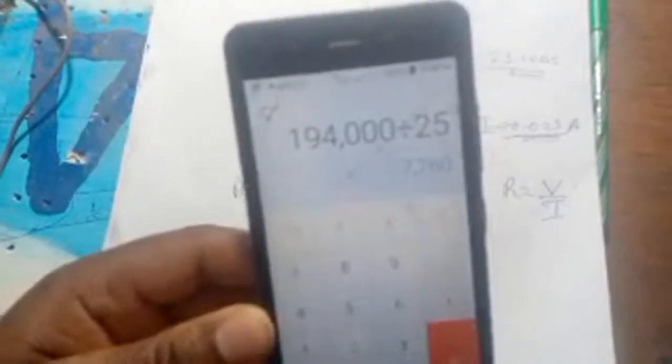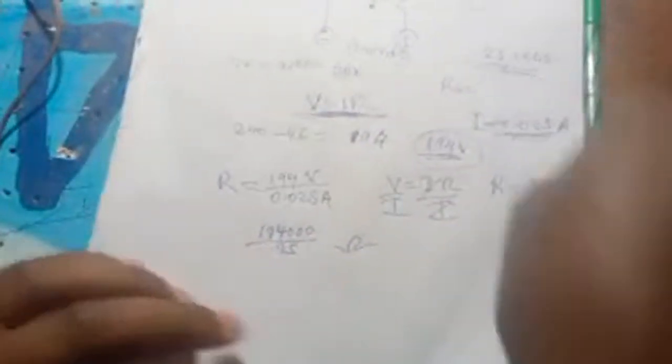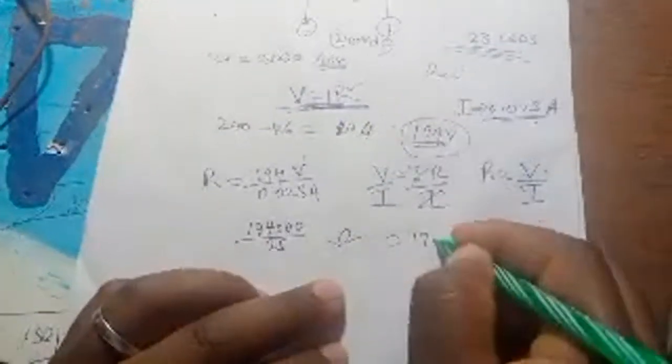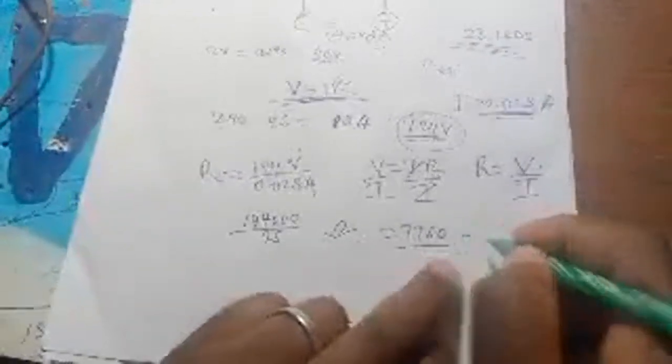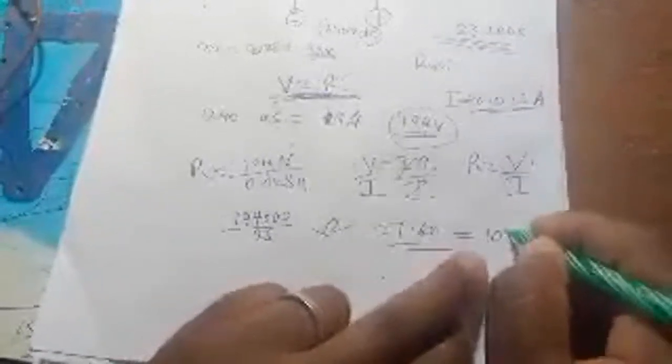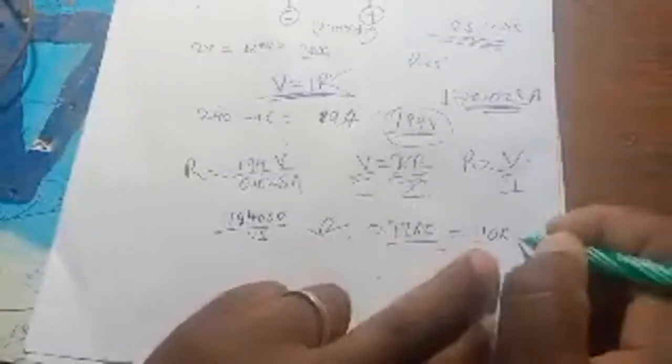So we are getting 7760. So to be on the safe side, a 10K resistor will be the value here.